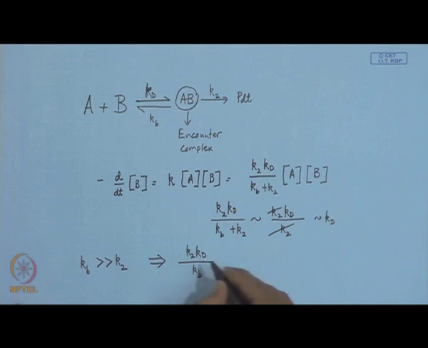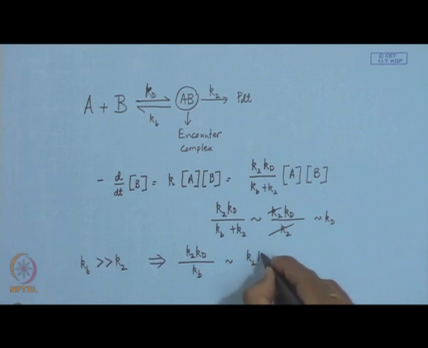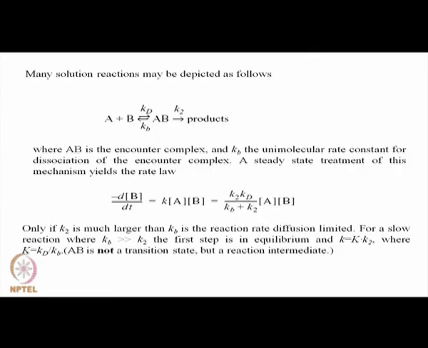Kd by Kb is nothing but your equilibrium constant. So, you can write K2 into K equilibrium, where K equilibrium is Kd by Kb. AB is not a transition state, but it is a reaction intermediate.